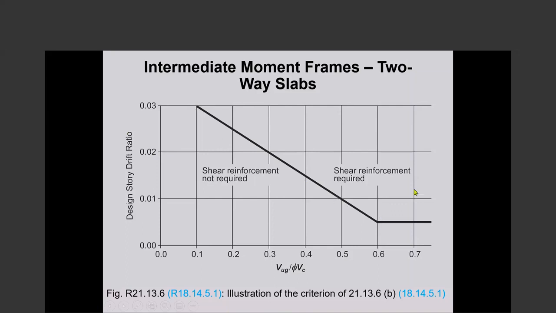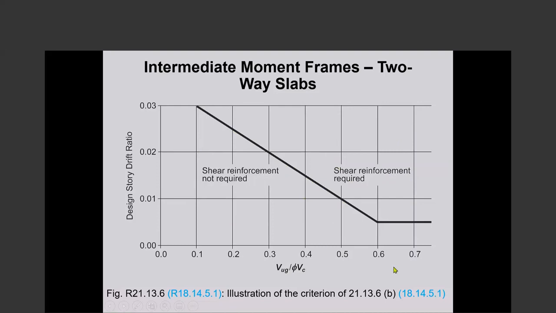ACI 318 is saying you shall provide a prescribed amount of shear reinforcement, not at every slab column joint, as I initially said, but at slab column joints that are beyond this solid line, on this side of the solid line. Below, we do not need shear reinforcement. If you are on the solid line or above, you provide minimum shear reinforcement.